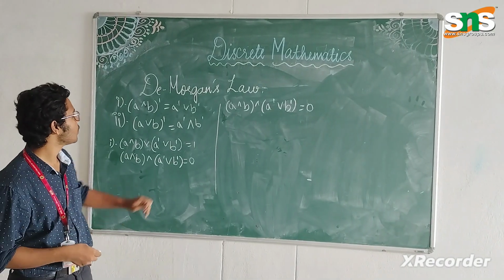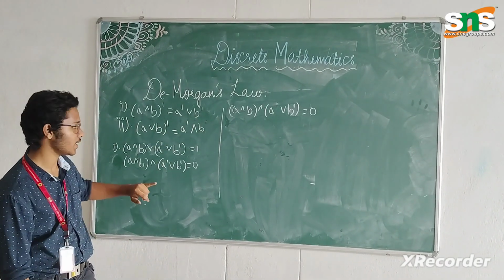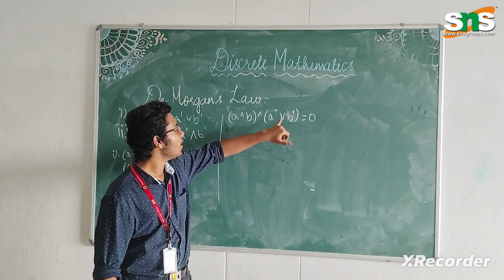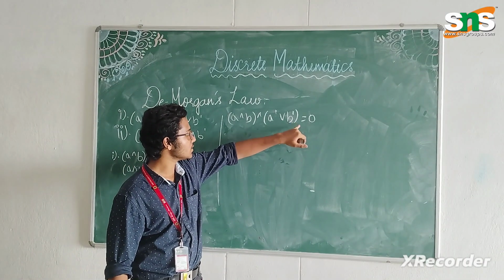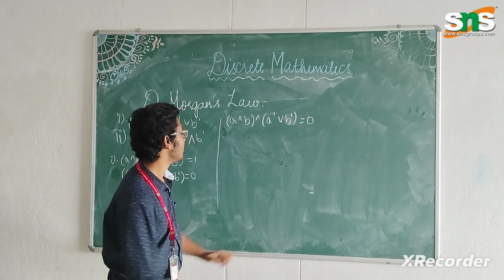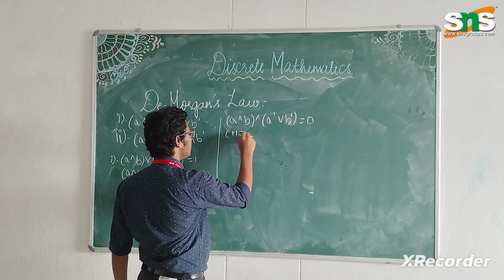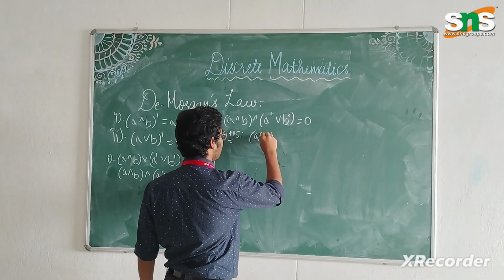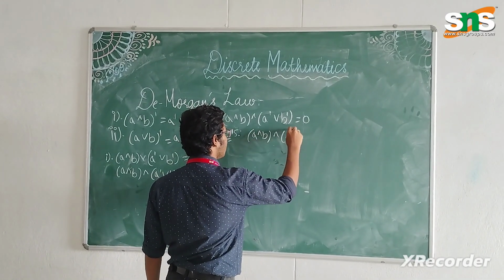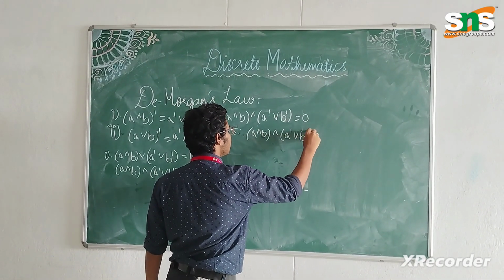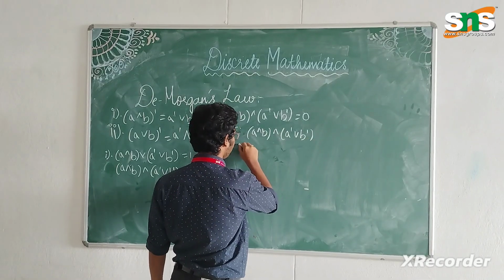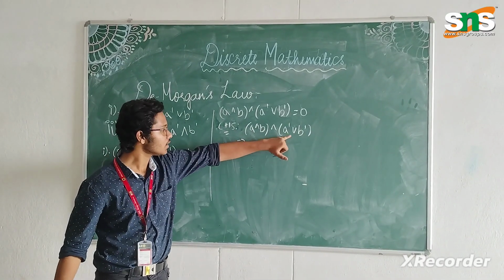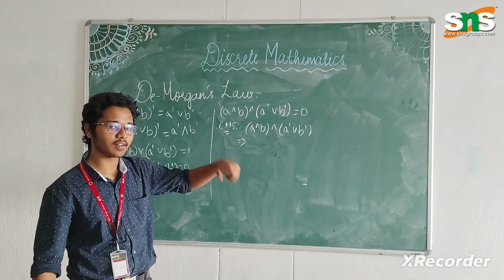Now I'm going to discuss a law. We are going to do the second statement: A and B and A or B dash is equal to 0. We take the LHS, A and B, and A dash or B. Here we have AND and OR, so we take AND inside the bracket.